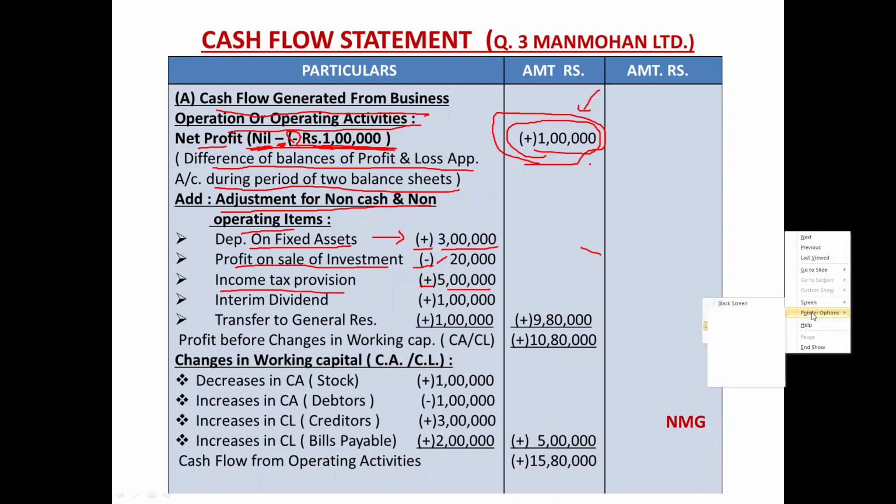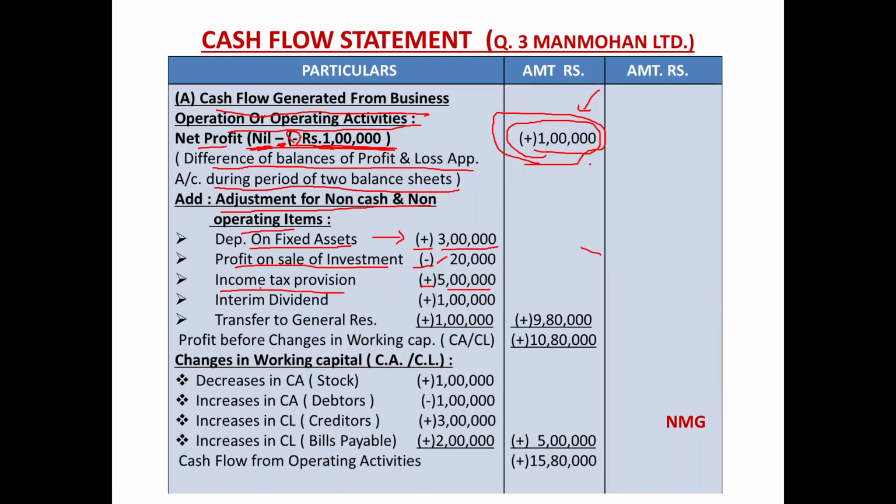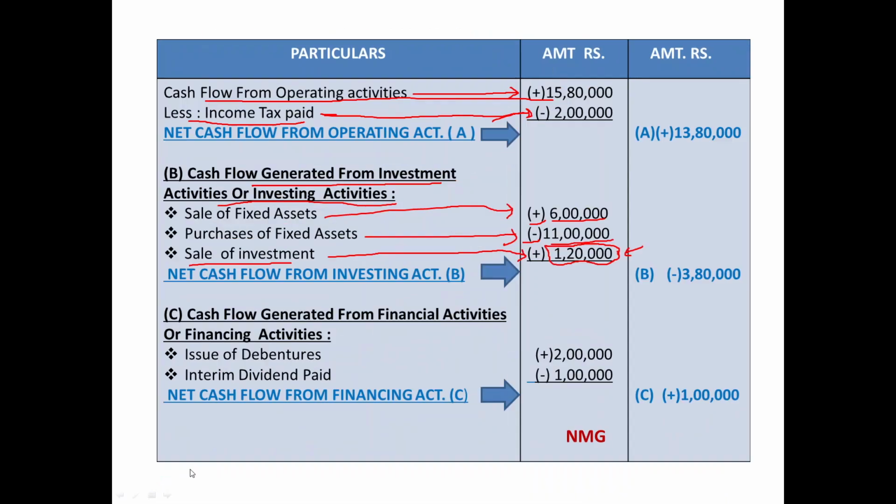Let us add back it. Interim dividend plus rupees 1 lakh. Now as a payment under title C. Title C, cash flow generated from financial activities or financing activities, interim dividend paid minus rupees 1 lakh.